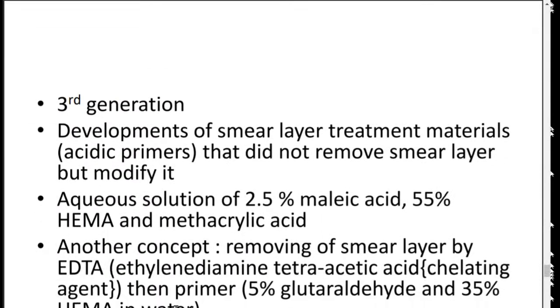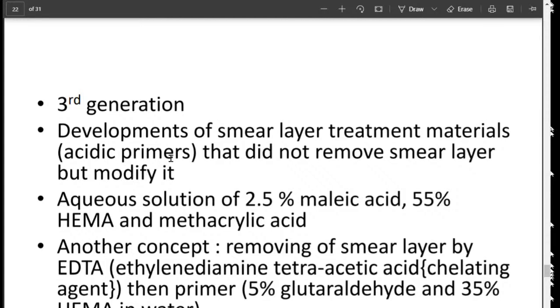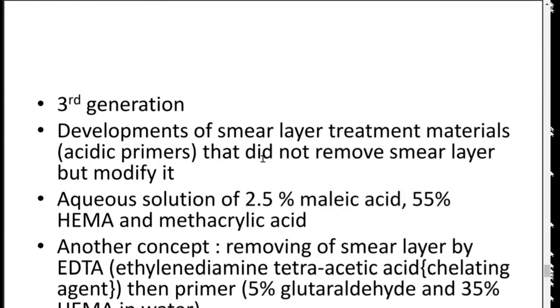Then we move to the third generation, developments of smear layer treatment materials. Acidic primers that did not remove smear layer but modify it.